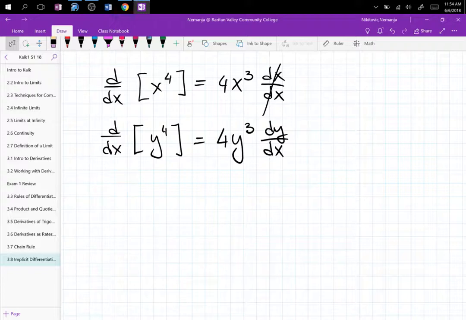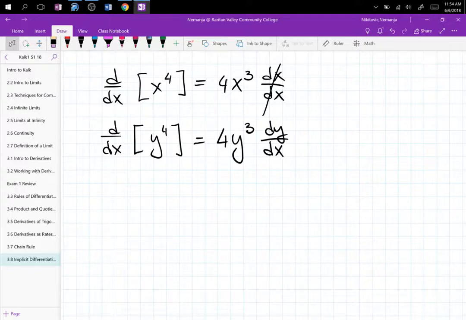Now, if I had started writing this from day one, and I could have, this would not be as new, right? Because you would have in your minds, all right, the derivative of x to the 4 is 4x cubed. I took the derivative of x with respect to x. It cancels to 1, so I don't have to write it. Now, that goes for every derivative we ever did so far. I never wrote it.